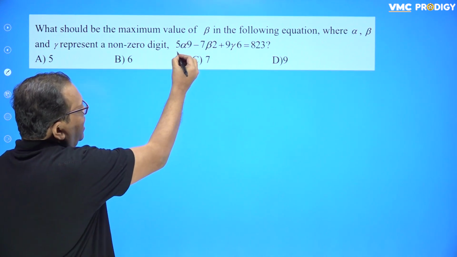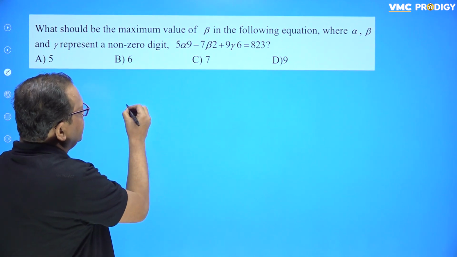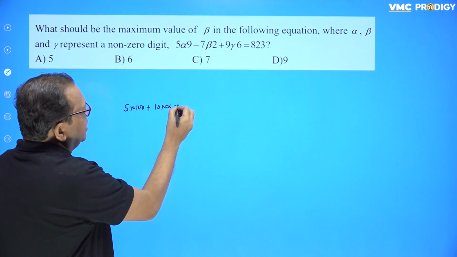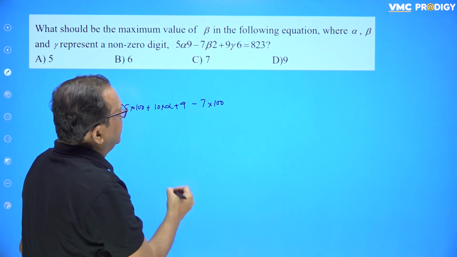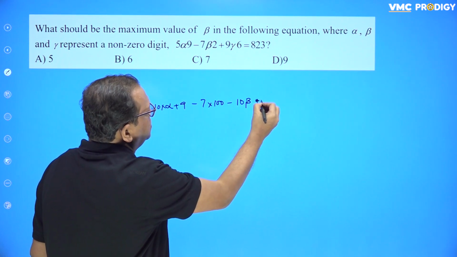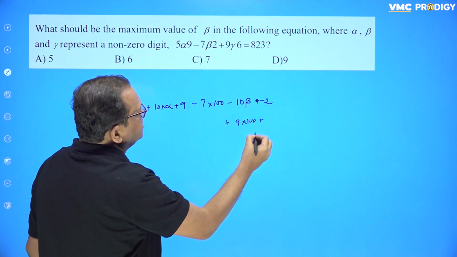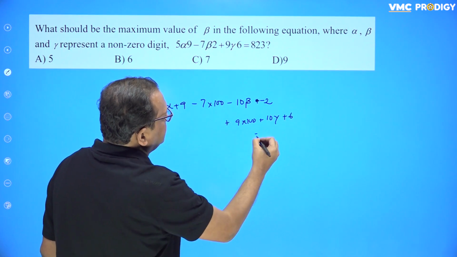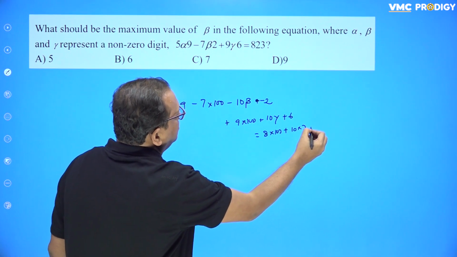Okay, so let's write the expressions as we learned in class 3, 4. 5 alpha 9 can be written as 5 into 100 plus 10 into alpha plus 9, minus 7 into 100, minus 10 into beta minus 2, plus 9 into 100 plus 10 into gamma plus 6, that is equal to 8 into 100 plus 10 into 2 plus 3.